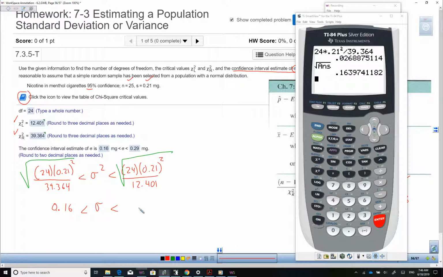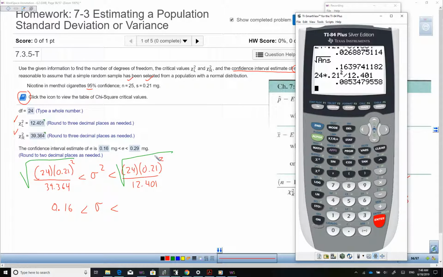Let's see my upper bound here. It will be 24 times 0.21 to the second power divided by 12.401. I press enter, and don't forget taking the square root of that.